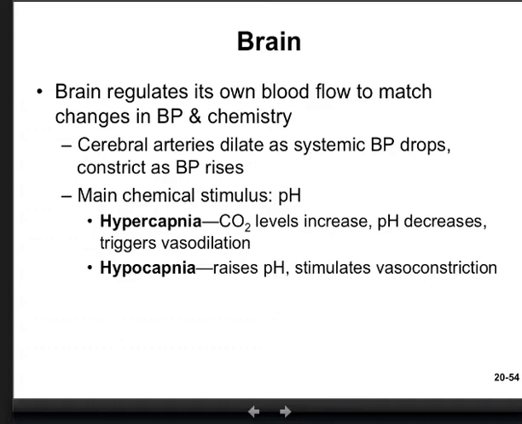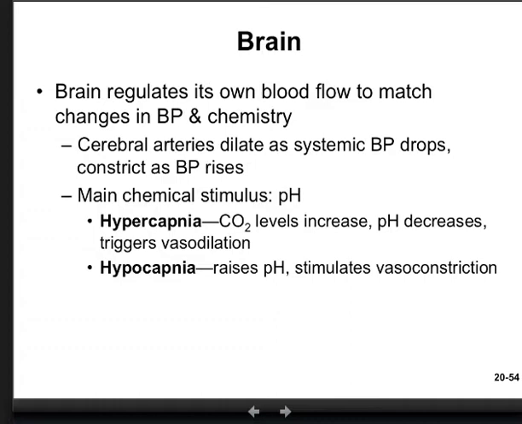Think about what's happening here. Let's look at hypercapnia. CO2 levels go up, pH decreases, so what happens? We have vasodilation. Now you might think, well, how in the heck does this get our pH back to normal? Well, what's happening really has a lot more to do with what's going on at the lungs than what's going on at the brain. The vasodilation causes an increase in the perfusion of the lungs with deoxygenated blood.